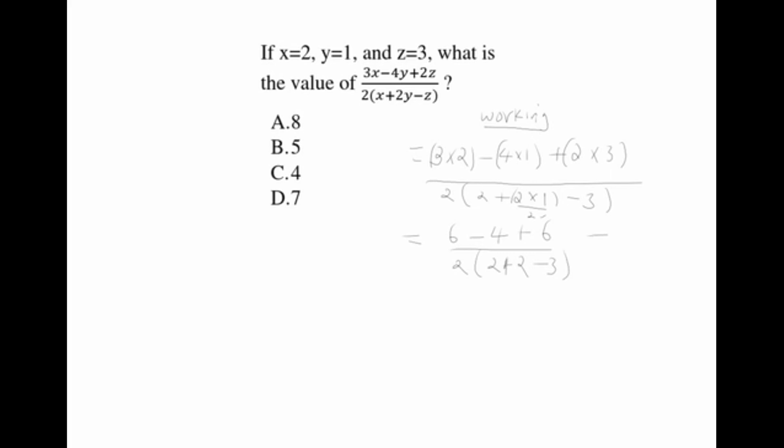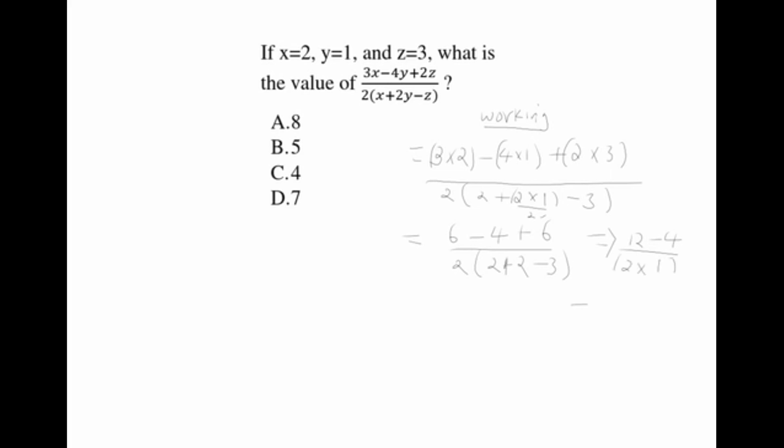Then the numerator gives us 6 plus 6 minus 4, so we get 12 minus 4, over 4 plus 2 is 4... 4 minus 3 is 1, so it is 2 times 1.